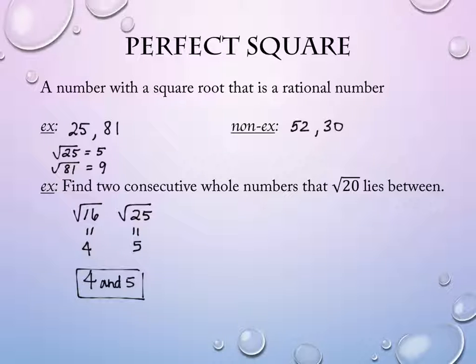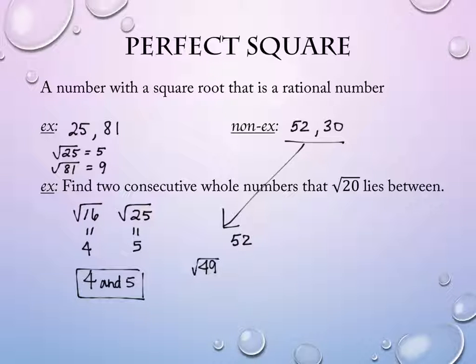So just for fun, I don't even have this in my notes, but I think we can handle it. Let's try the 52 and the 30 that I just made up. Okay? 52. I need a number below 52, not drastically below. Like, I don't want to go down to 16. 16 is not close to 52, okay? Close to 52 that has a perfect square root. 49.